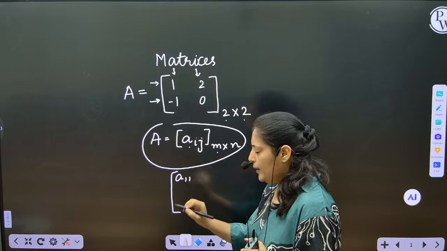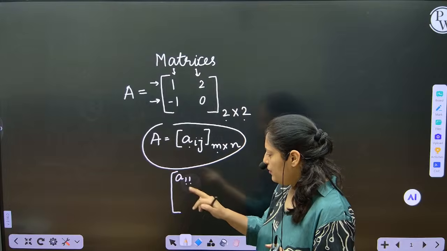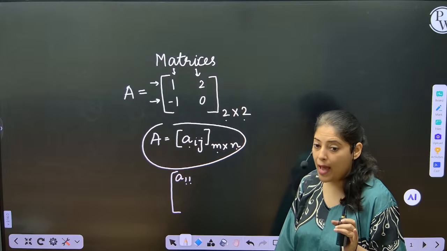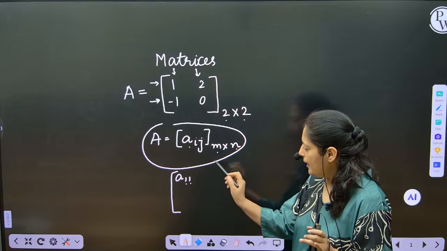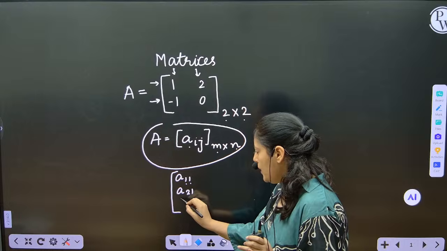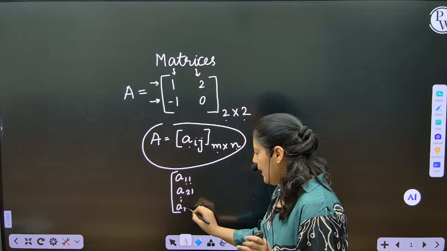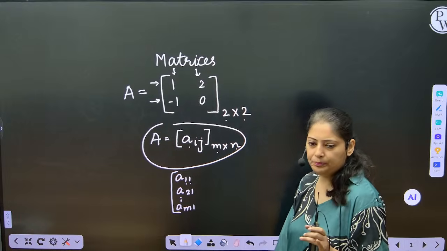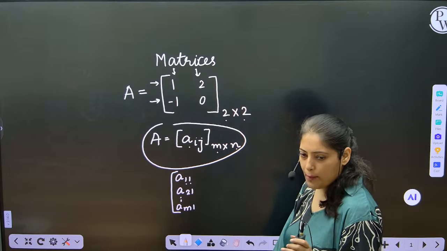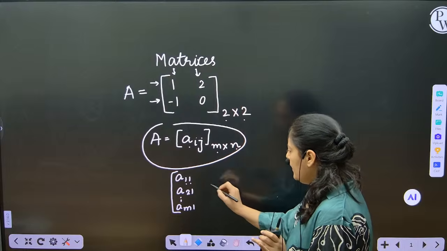A11 means first row, first column. How many columns will be there? Yes, n columns will be there and m rows will be there. So the element below is Am1, because m rows have to be there, and this I am talking about the first column only.